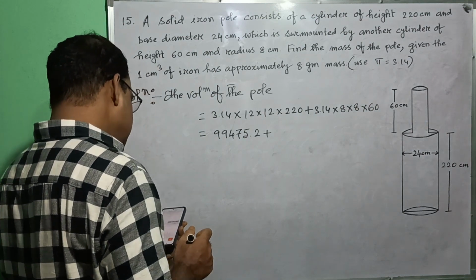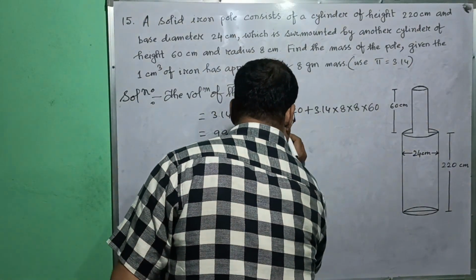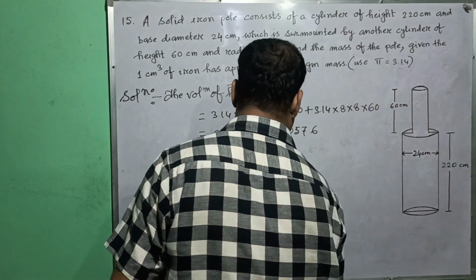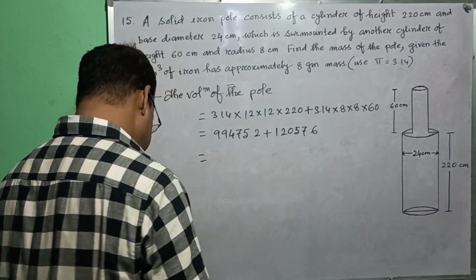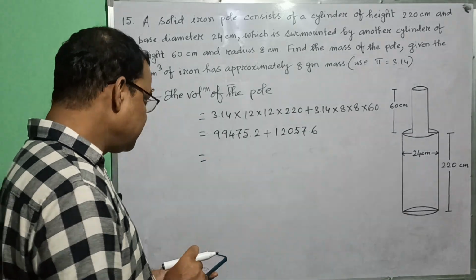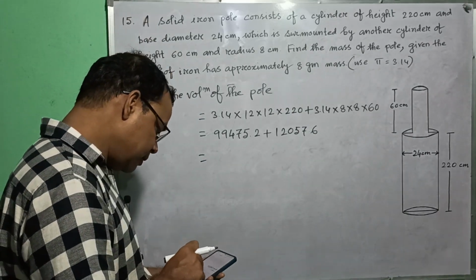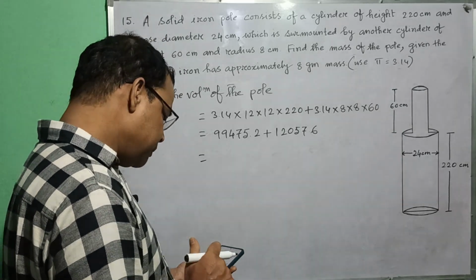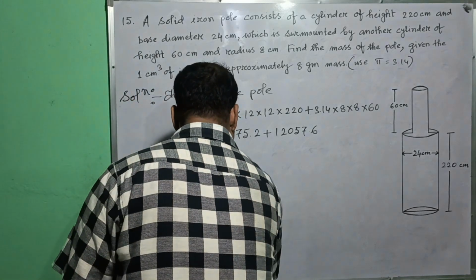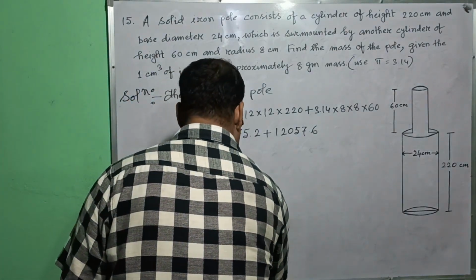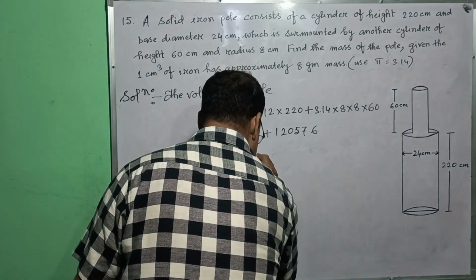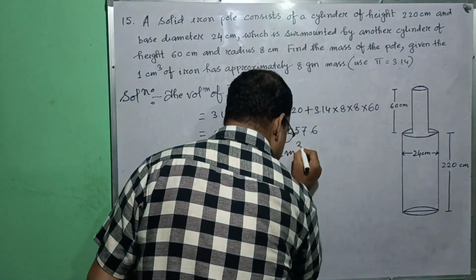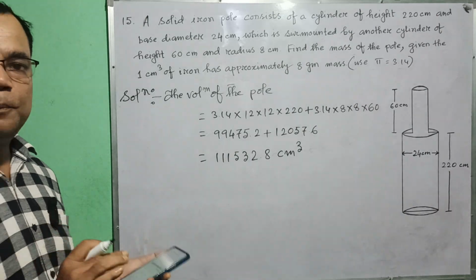So it is 12057.6. Equal, now we'll add it. 99475.2 plus 12057.6 equal to 111532.8 centimeter cube. So this is the volume of the pole.